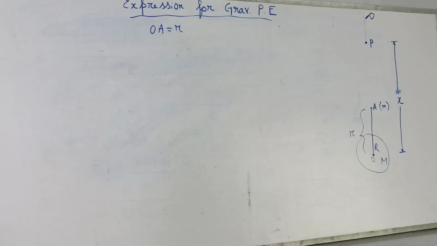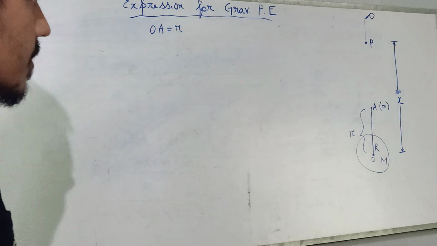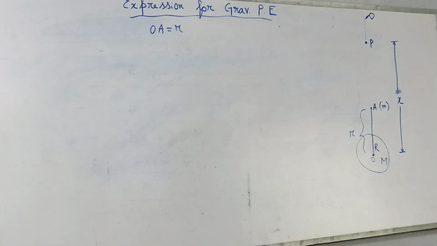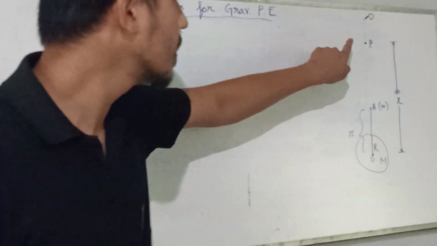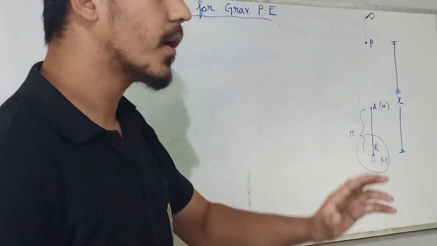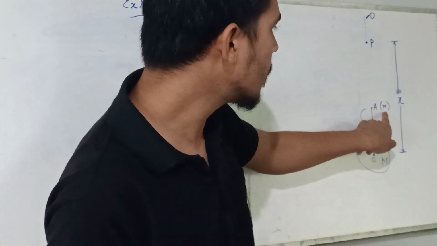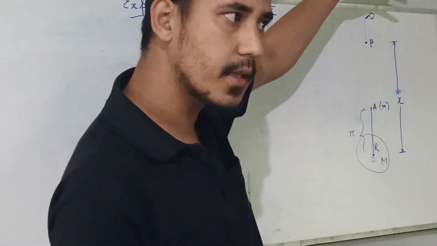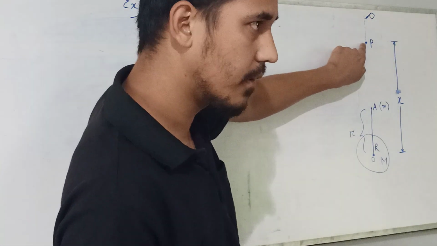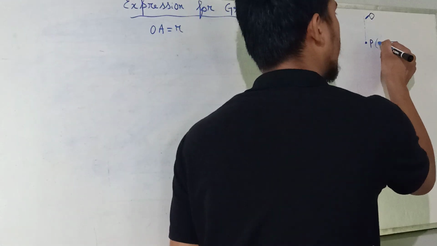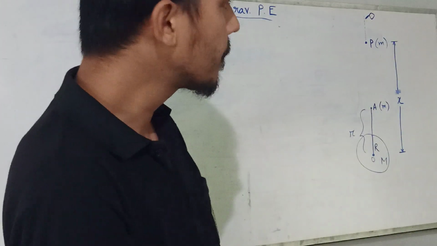Now, according to Newton, the gravitational force between the two bodies when the body is at P will be given by, since we are bringing the same body of mass small m from infinity, so here the mass of the body at P is also m.